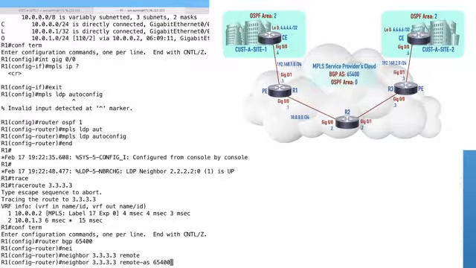Remember, a little pop quiz for you. When I point to a neighbor and I say its autonomous system is the same as my autonomous system, what kind of BGP am I running? There's a couple of flavors of BGP. There's iBGP and eBGP.